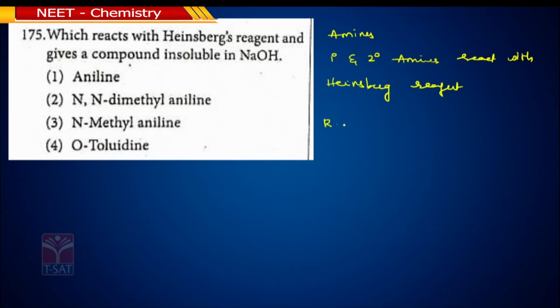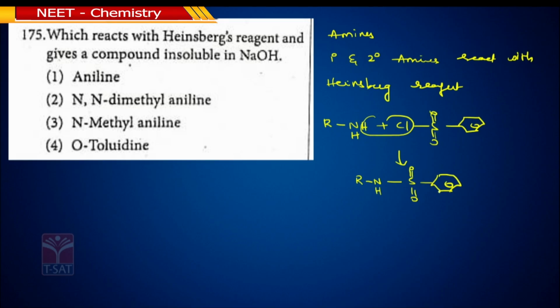See, RNH2, I am writing as R-NH-H. Hinsberg reagent is benzene sulfonyl chloride. This H reacts with Cl and forms HCl. The product is R-NH-S double bond O benzene. This is the product of Hinsberg reagent.